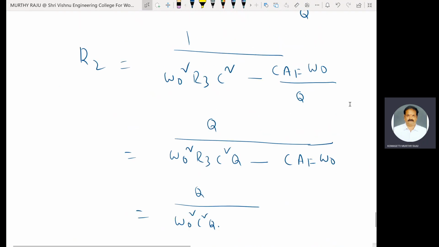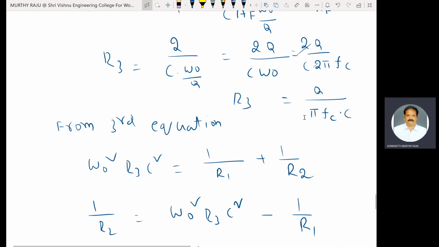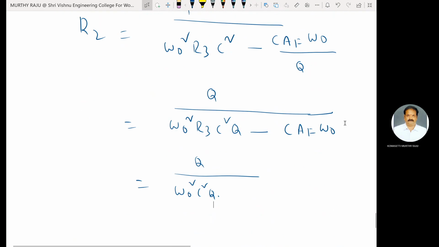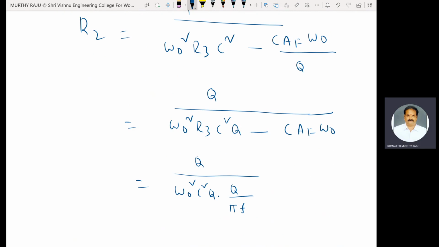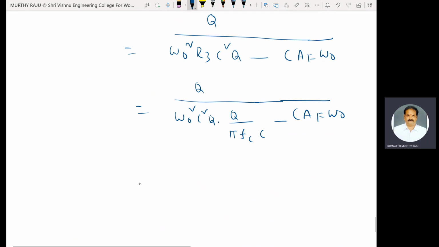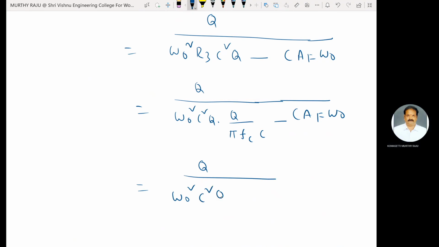But R3 is equal to, we know that R3 value is Q by pi FC into C, minus CAF omega naught, that is equal to Q by omega naught square C square Q square.